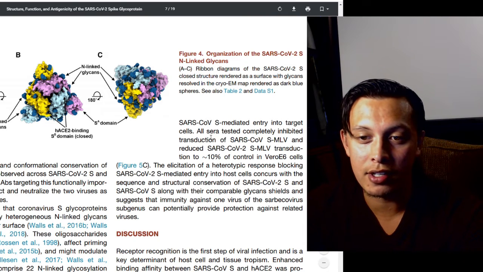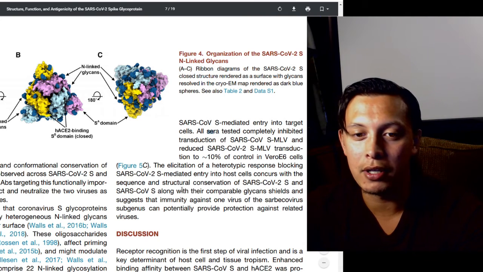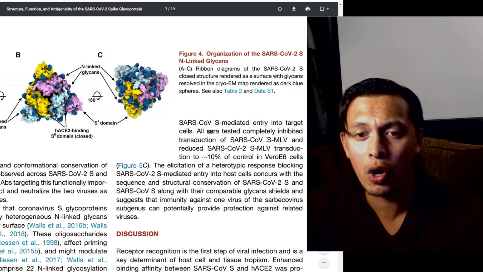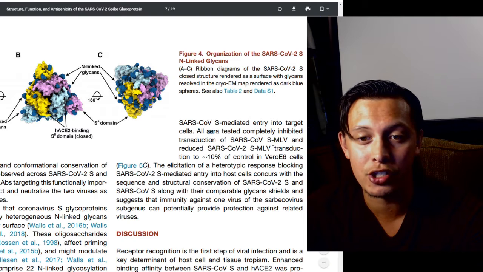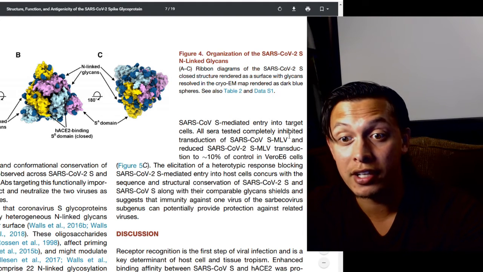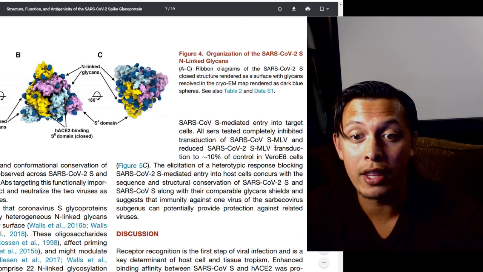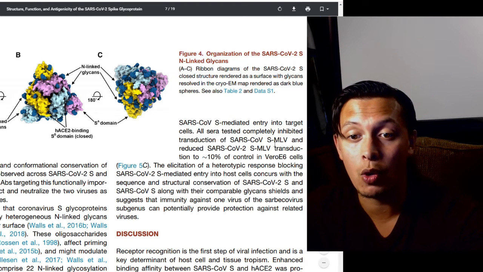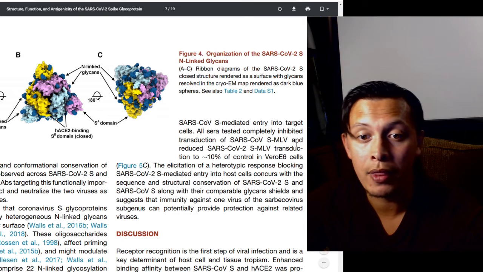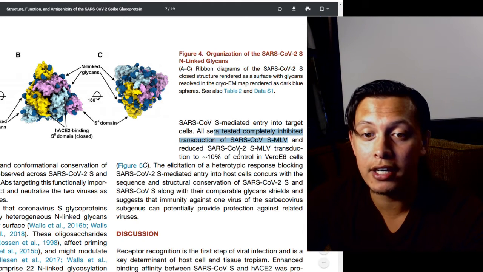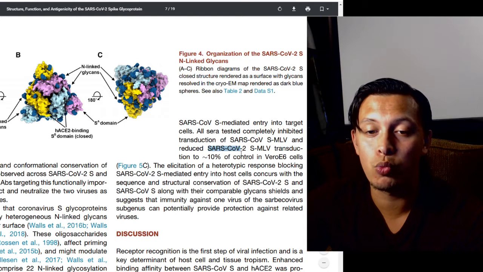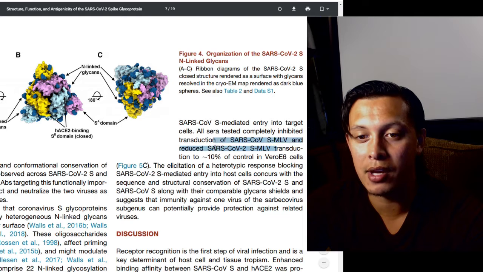All sera tested completely inhibited, and sera would be like blood or the plasma. So all the plasma tested completely inhibited transduction of SARS-CoV SMLV, which, remember, this is the genetically engineered weakened virus with the original SARS spike protein. So it completely inhibited this from working, but it also reduced the SARS-CoV-2 SMLV.